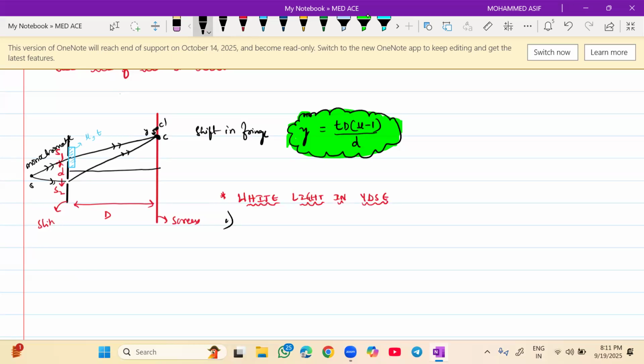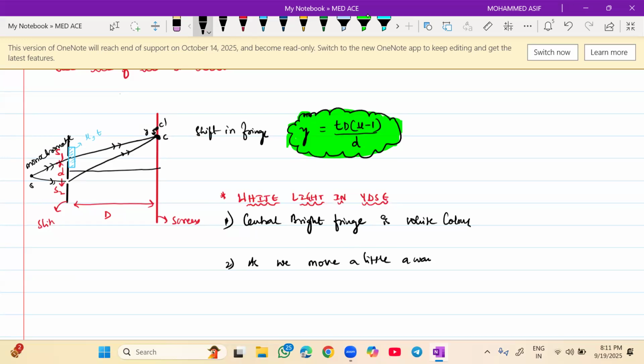The first point you need to remember is that the central bright fringe is white color. Point number two, as you move a little away, you will see the reddish color first.